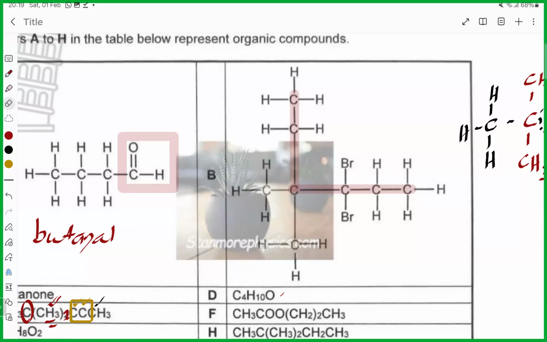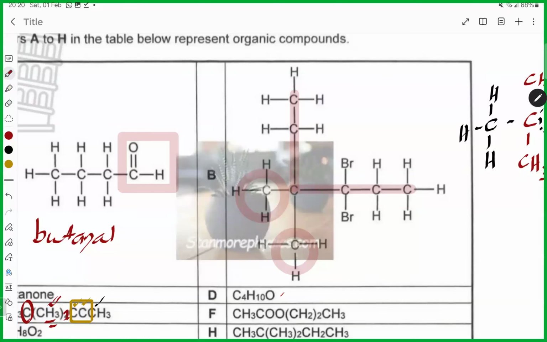There's no ethyl here. There's 2 methyls here. Anybody knows the reason why we start from the top again? Right, here's the reason.